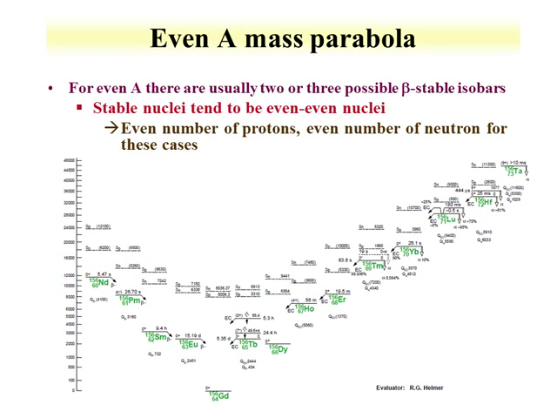Here's a mass parabola for an even A isobaric chain, and this is taken from the table of the isotopes. This is for the 156 isobar, and we see that for even A nuclei, there are 2 or possibly even 3 beta-stable elements. Here it demonstrates the 2 beta-stable isotopes, gadolinium and dysprosium 156.